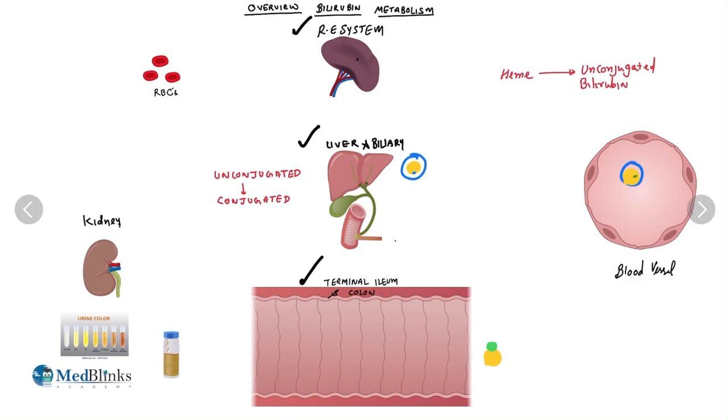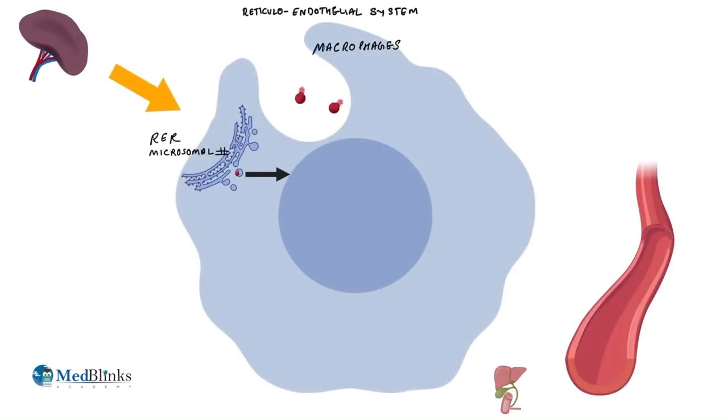Now let's look in detail at what happens in the reticuloendothelial system. There are a lot of macrophages in the reticuloendothelial system which ingest red blood cells and break down their hemoglobin into heme and globin. Although hemoglobin is the major source of heme, there are two other sources of heme too.